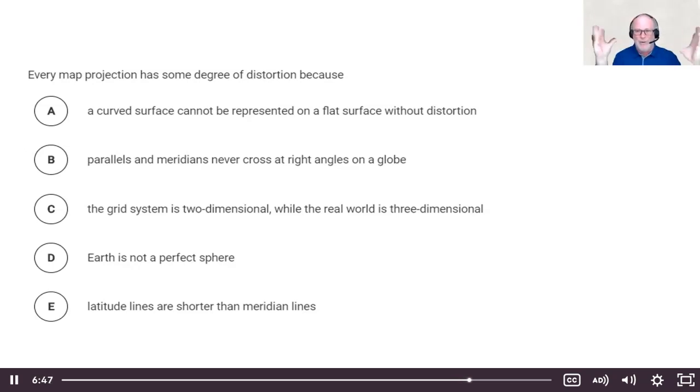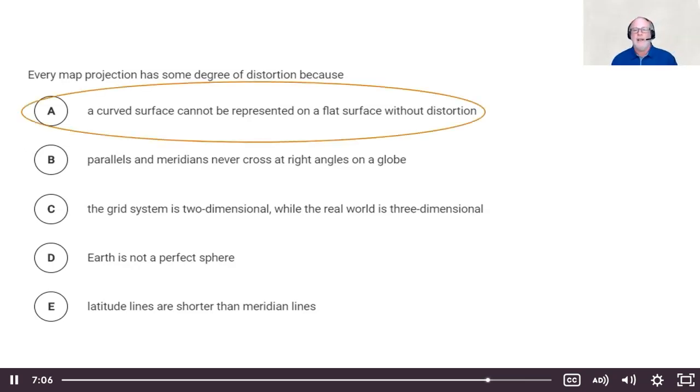The Earth is a little wider around than it is top and bottom, but again, doesn't answer the question about distortion. And latitude lines are shorter than meridian lines, right? So again, this one should be fairly obvious. We talked about anything curved, anything rounded that you're going to try and make flat, it's going to have distortion, right? So again, that answer is going to be up here.